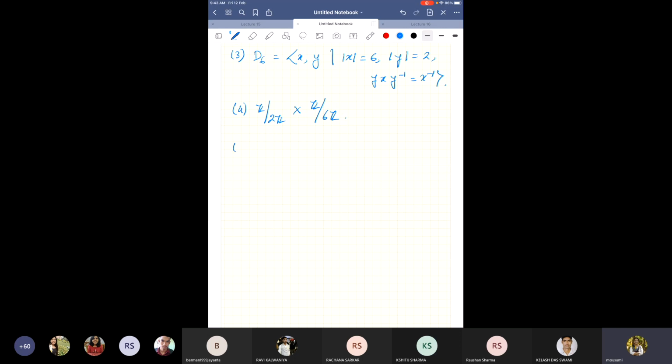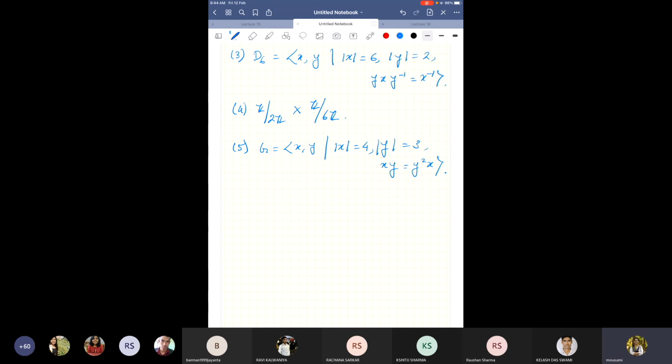Okay, good. Now the fifth option is that G will be generated by X and Y such that order of X is equal to 4, order of Y is equal to 3, and I have the relation that XY equals Y square X. So these are the 5 possibilities.